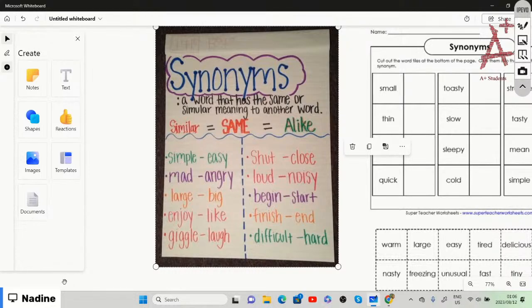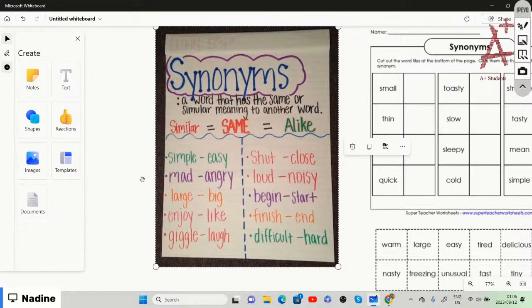Like for example, simple. Instead of using the word simple, you can also say that it is easy. Mad, or we can say the person is angry. The person is either mad or angry. Large.